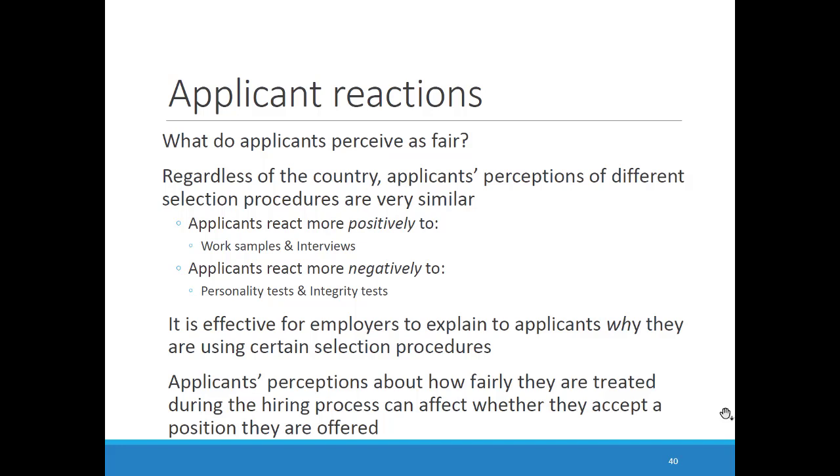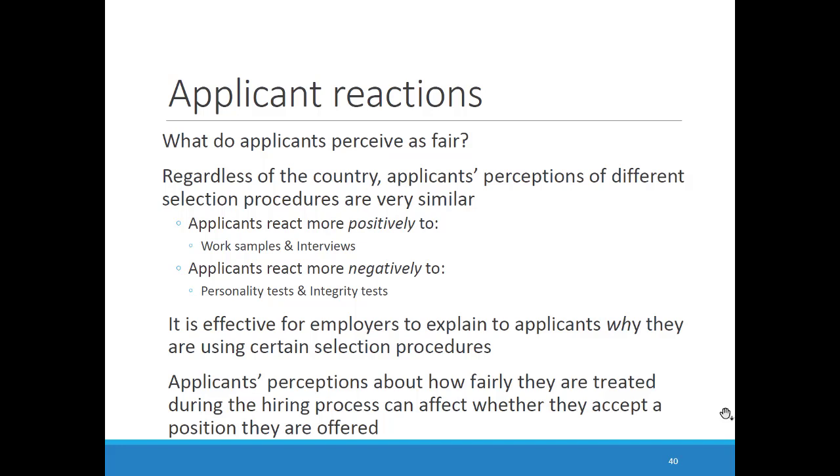Also, interviews are seen as valid by applicants, and particularly structured interviews, as we know, are the type that we want to be using. On the other hand, applicants react more negatively to personality tests and integrity tests. So they may not see the direct connection between these and the job performance requirements, and so that is something that organizations need to consider.